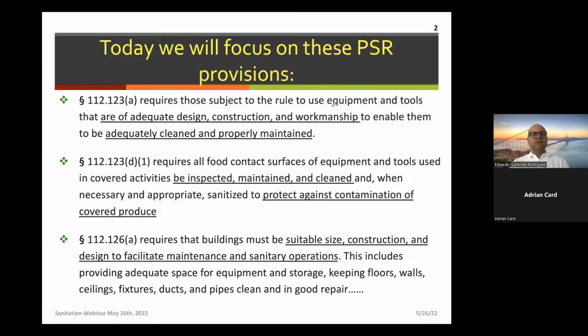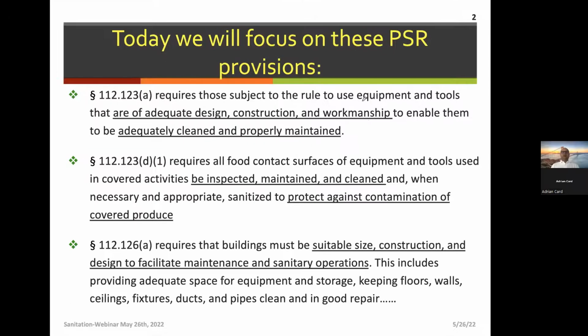I get a lot of questions about what is adequate design and construction. So I pulled out some information from FDA that really talks about adequate design and construction and how that impacts cleanliness and proper maintenance. And specifically, when we're talking about food contact surfaces, how this is going to impact cleanliness.